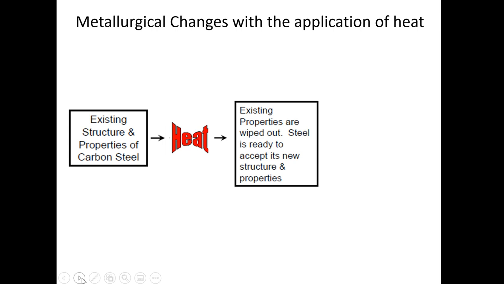So here's the important thing to know. I could have a piece of 1045, which is 0.45% carbon, a little bit higher in carbon content. And I can do some incredible things with that 1045. I could make it as soft as possible if I heat it very slowly and allow it to cool very, very slowly.